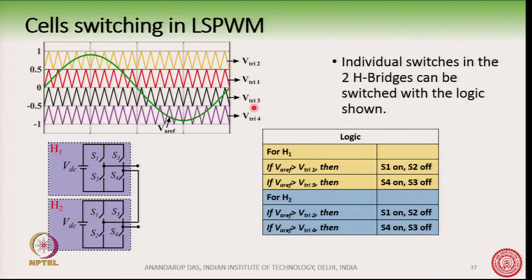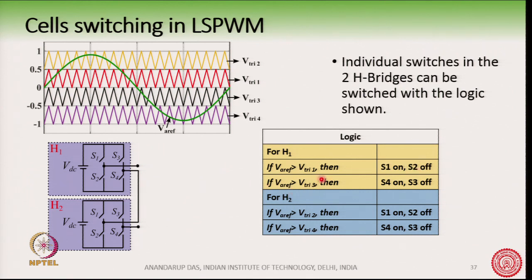And of course, the modulating wave will increase. So, what is the logic for switching the 4 switches inside H1? The logic is given here in this table. If the reference waveform is more than triangle 1, then we turn on S1, and of course, S1 and S2 are complementary, so S2 is off. This is the logic for S1.